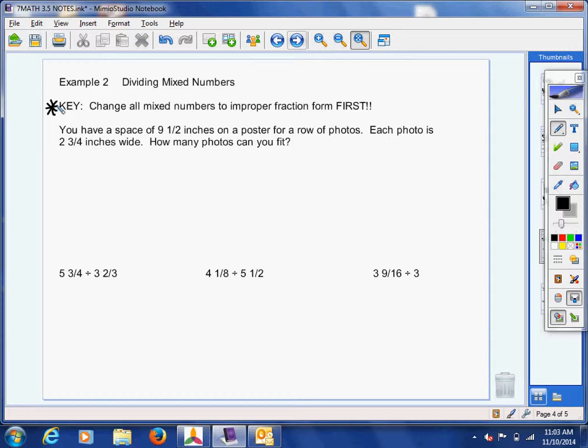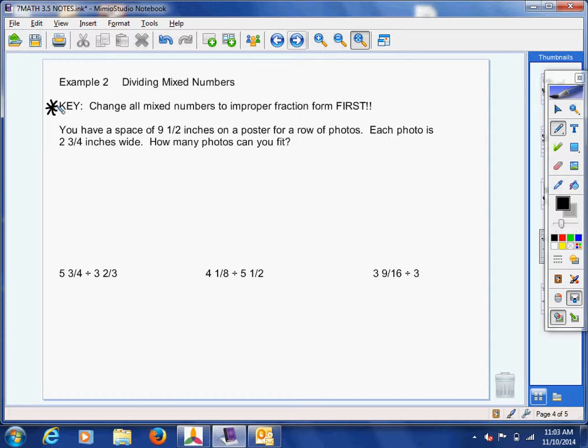Yeah, because you're looking for how many can fit, okay? Anytime they give you this whole space that you're supposed to fill up, and the only amount that can fit in there is this smaller amount, we want to figure out how many of these smaller increments fit into the bigger one.